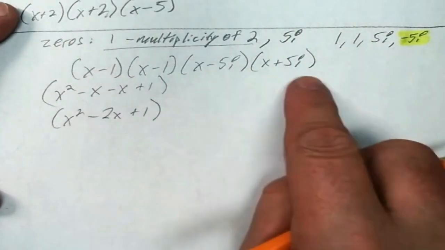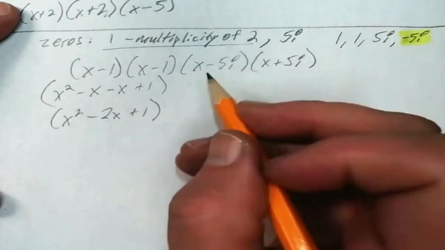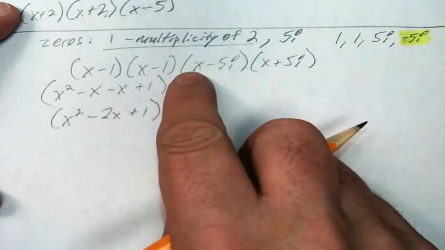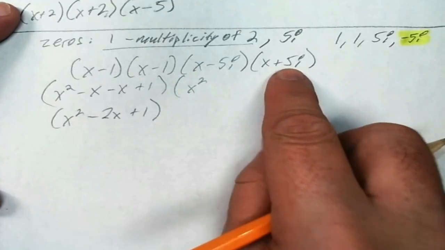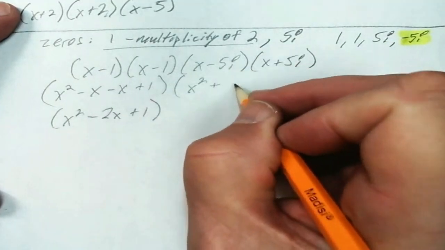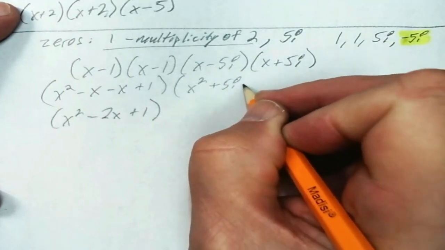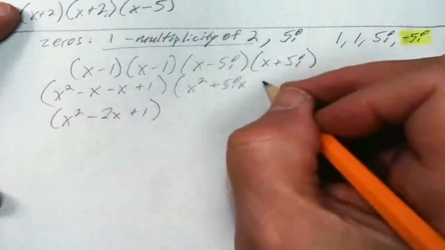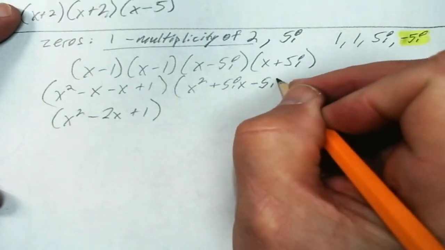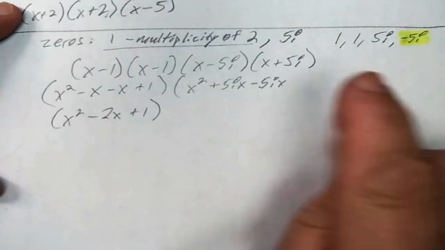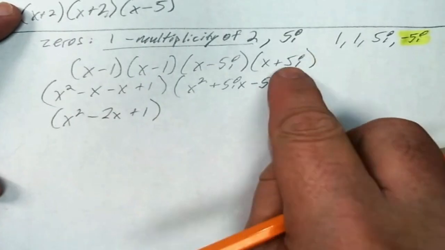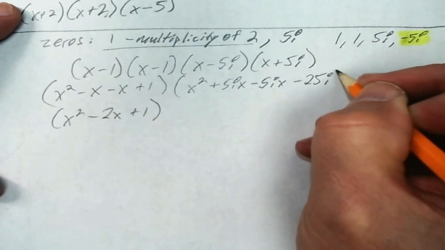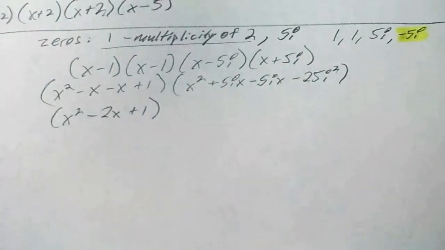Then let's multiply these two together over here. x times x is x squared. x times 5i is 5ix. -5i times x is -5ix. -5i times +5i is -25i squared.